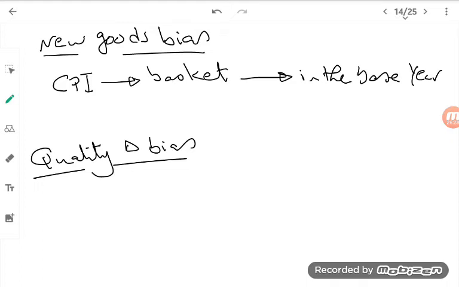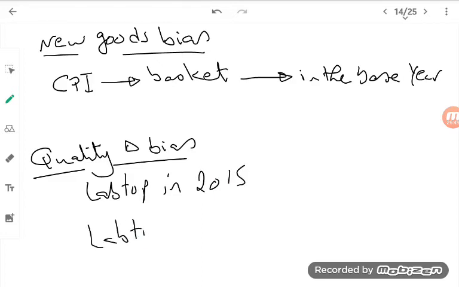Do you think this is due to inflation rate or maybe quality change? Laptop in 2015 and laptop in 2020.